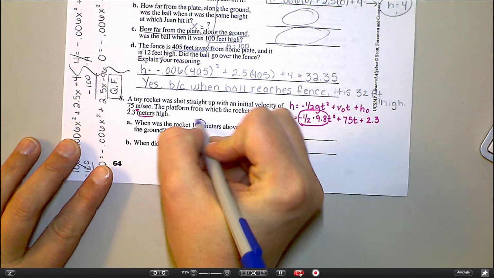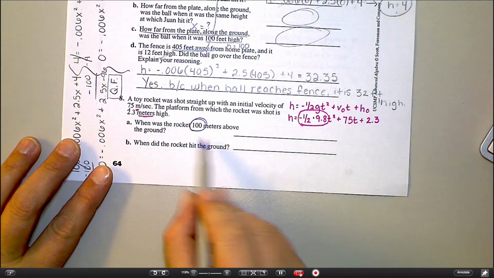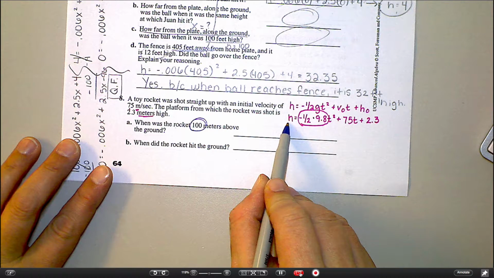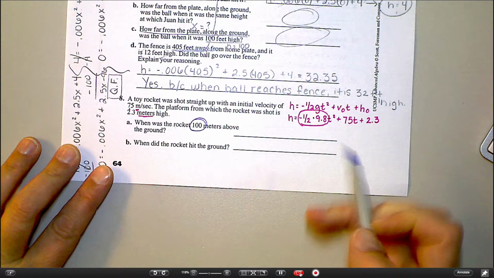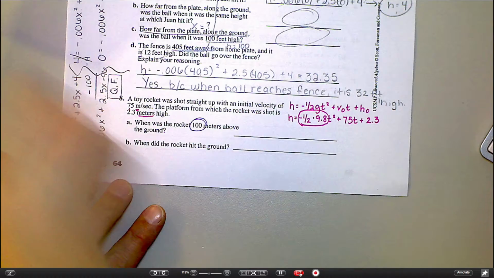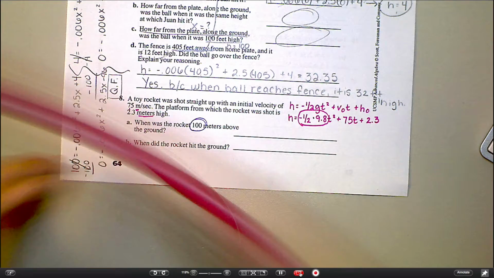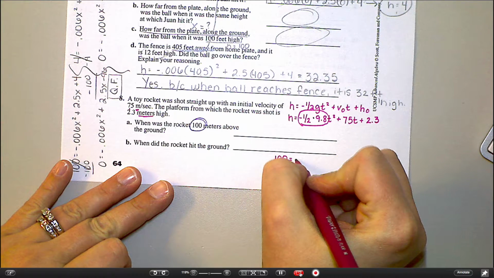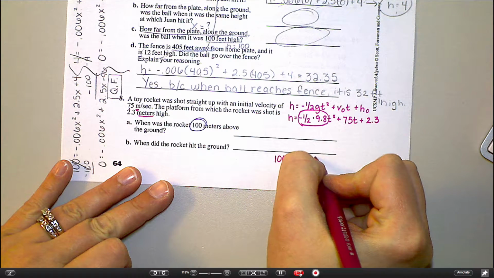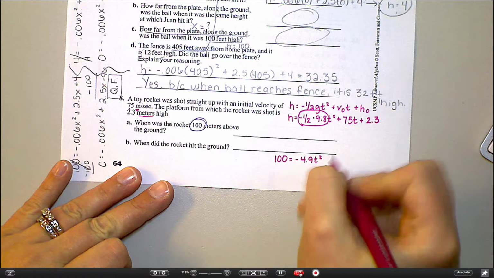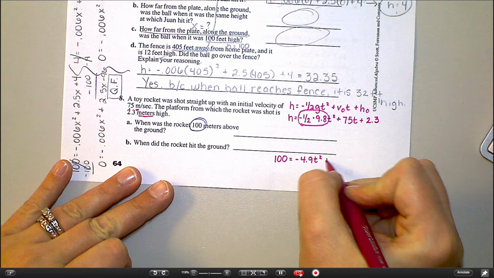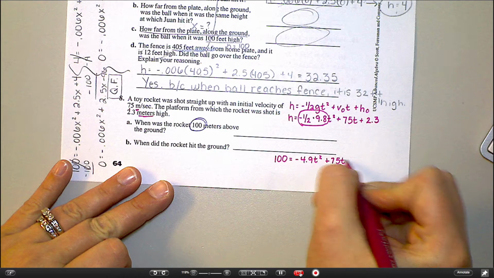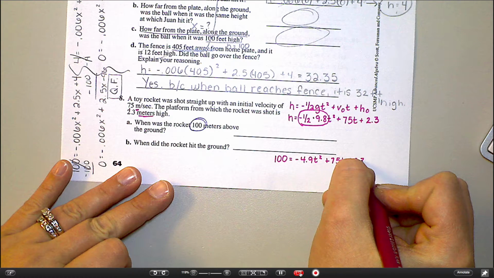When was the rocket 100 meters off the ground? That 100 meters is the height. So I'm going to put 100 in for h, and that's going to look like 100 equals -4.9 t squared, because remember I said I was going to simplify that, plus 75t plus 2.3.